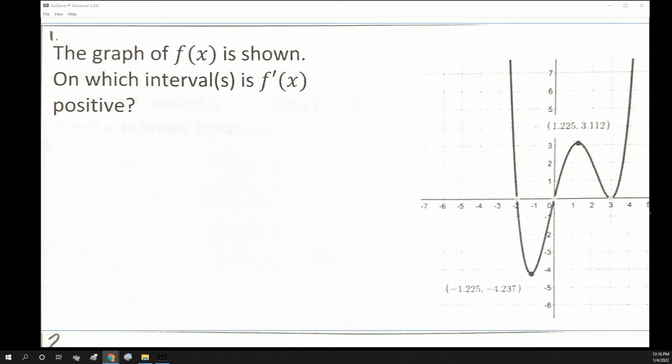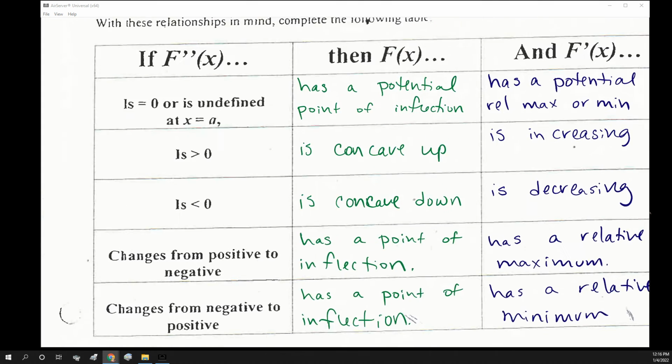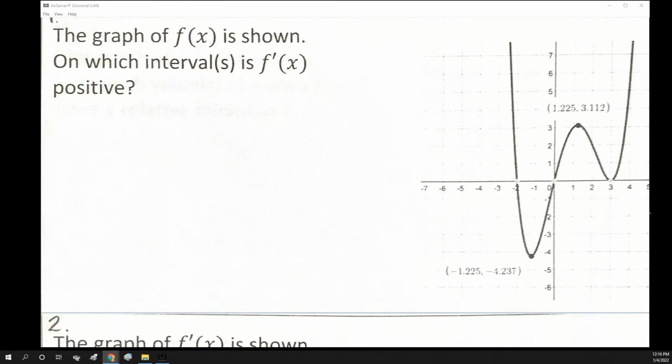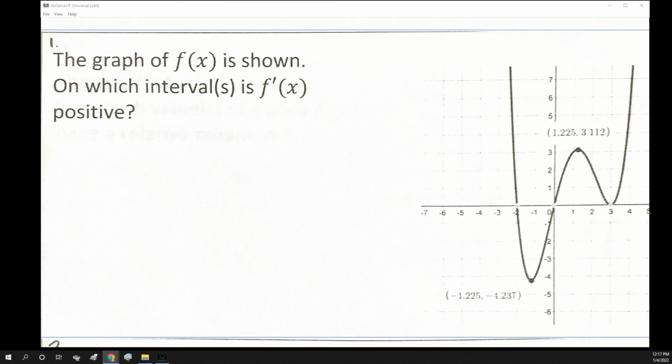These graphs are either going to be f of x, f prime of x, or f double prime of x. So first thing you need to do is make sure you read that so you can get in the right frame of mind, and then you'll know where to look on the table.